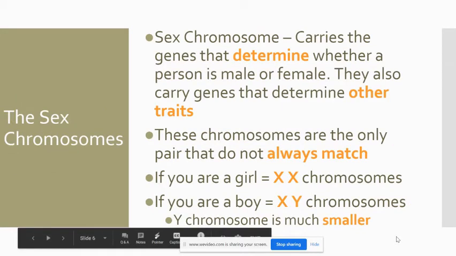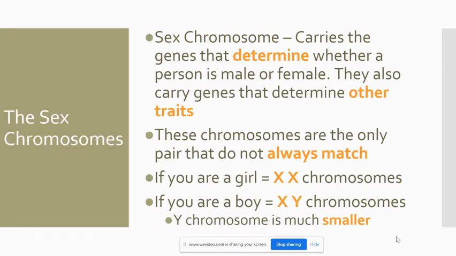So, our sex chromosomes then are what carry these genes that determine whether a person is male or female, and then it also determines some of the different traits we're going to receive. So the X chromosome generally carries more genes on it and controls more traits in humans than the Y chromosome does.